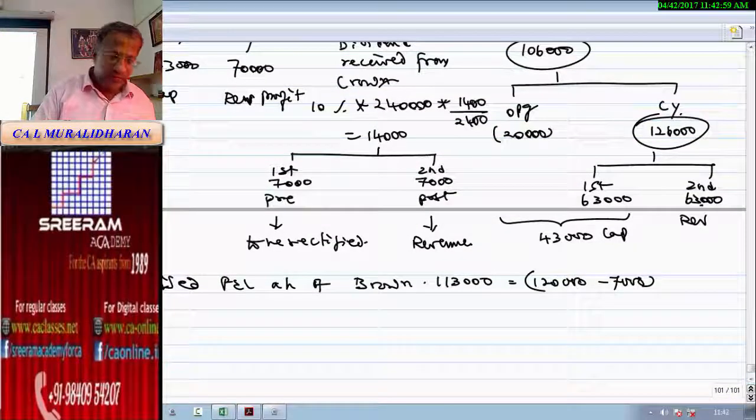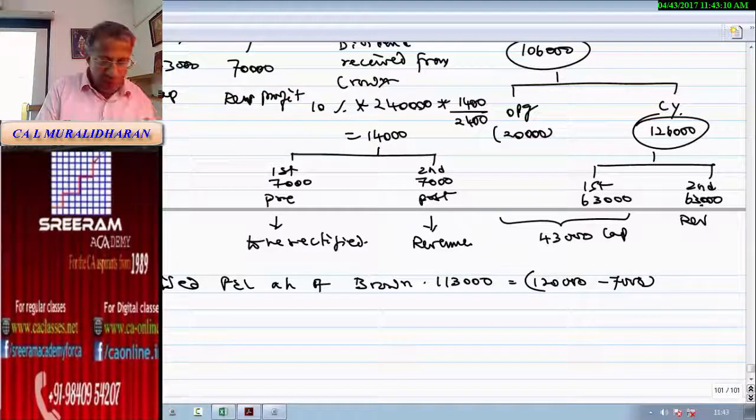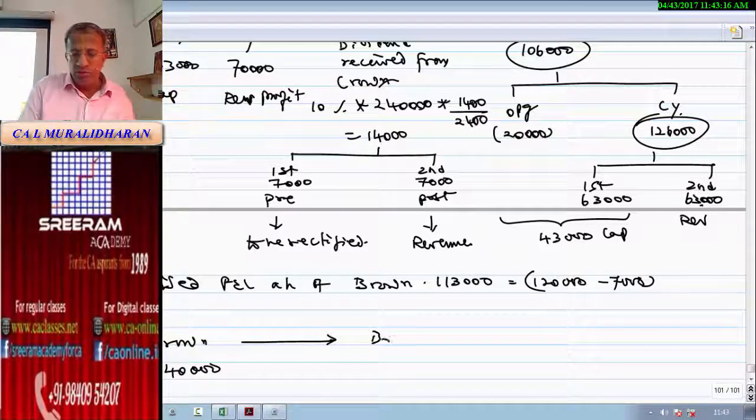Now, the equipment that they are talking about. Unrealized profit. From Crown transfer took place to Brown.